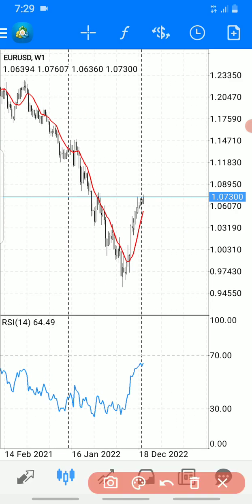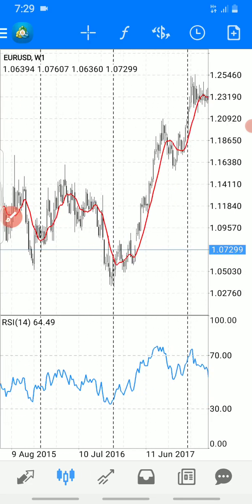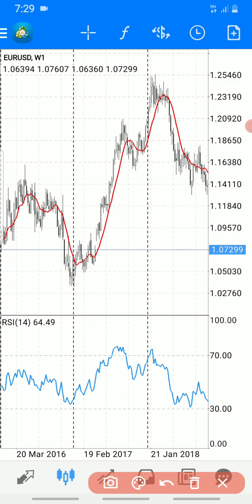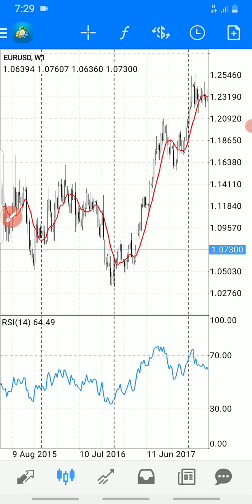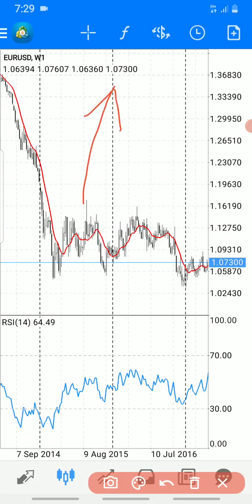Then we have the uptrend, which is what we're seeing here right now. And lastly we have the ranging market, which is this, the ranging market.